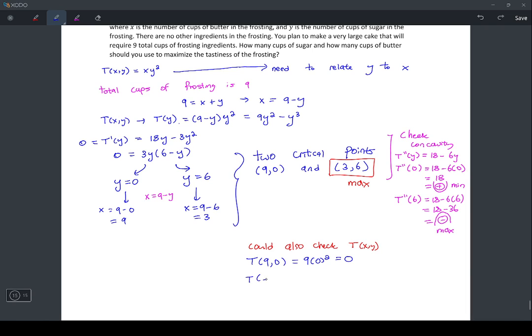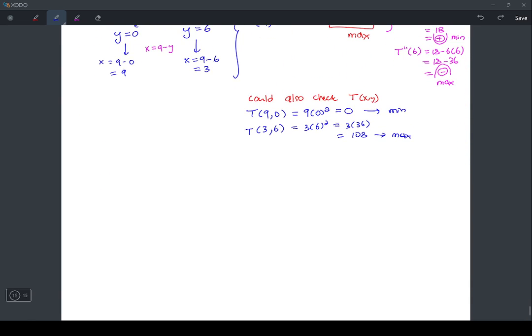Now if we plug in the other critical point, (3, 6), we get 3 times 6 squared, which is definitely not 0. 3 times 36, which is 108, I think. So that's the max. That's the min. This would be a global max and global min analysis. Anyways, I think that's it.